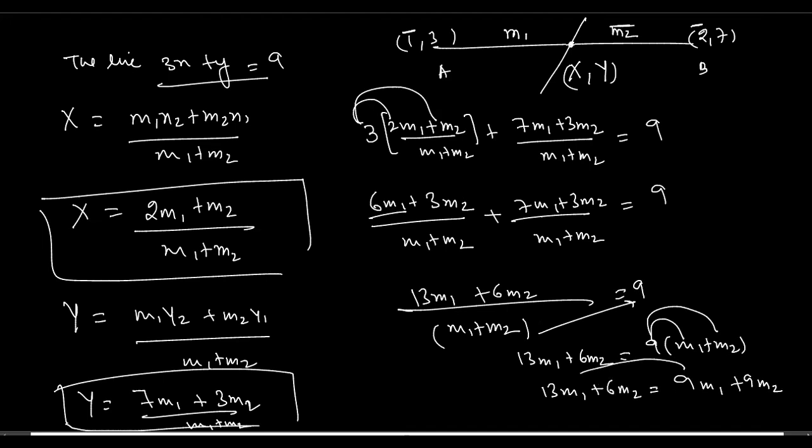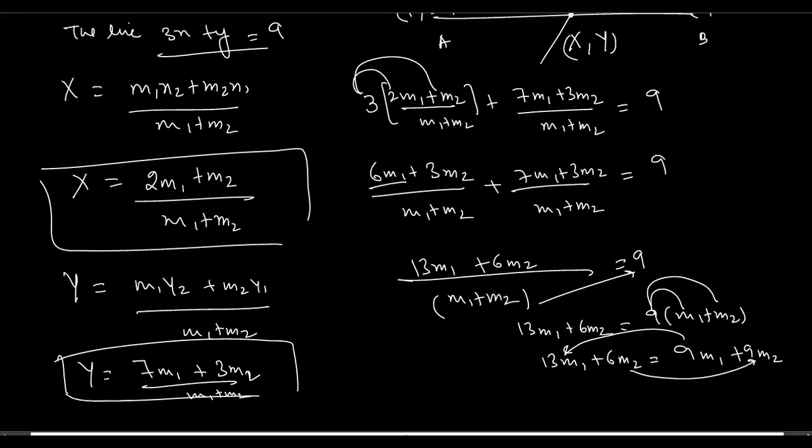Now M1 comes to this side and M2 goes to that side. So it gives you 13M1 minus 9M1 is equal to 9M2 minus 6M2. So you will get 13 minus 9, which is 4M1, and 9 minus 6, which is 3M2.